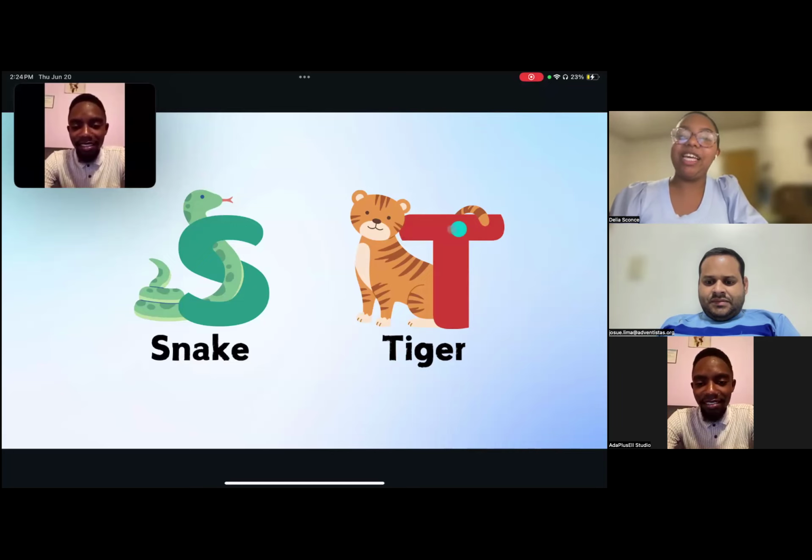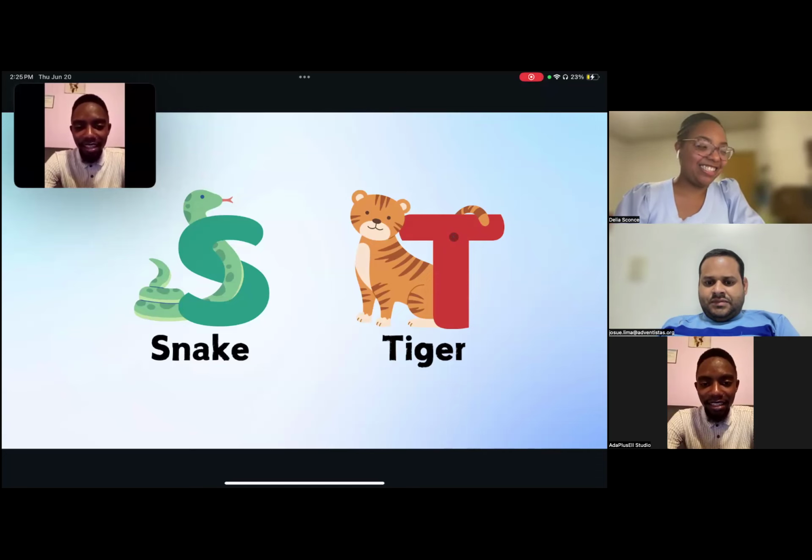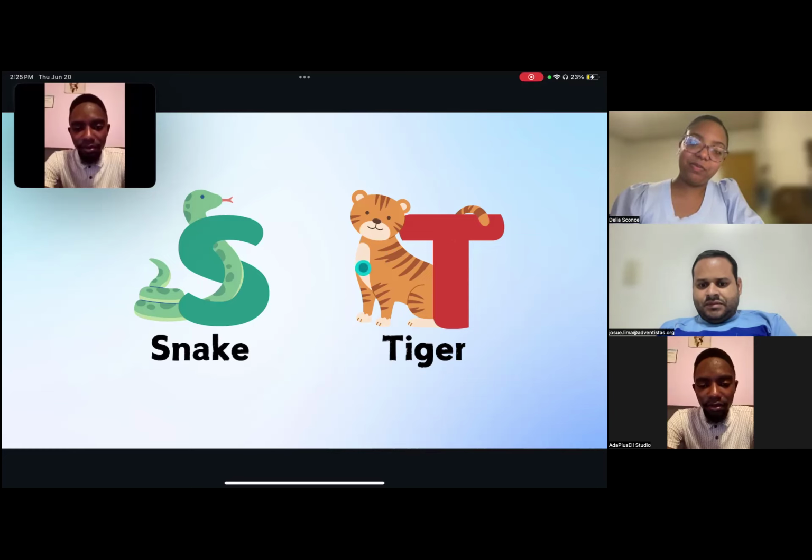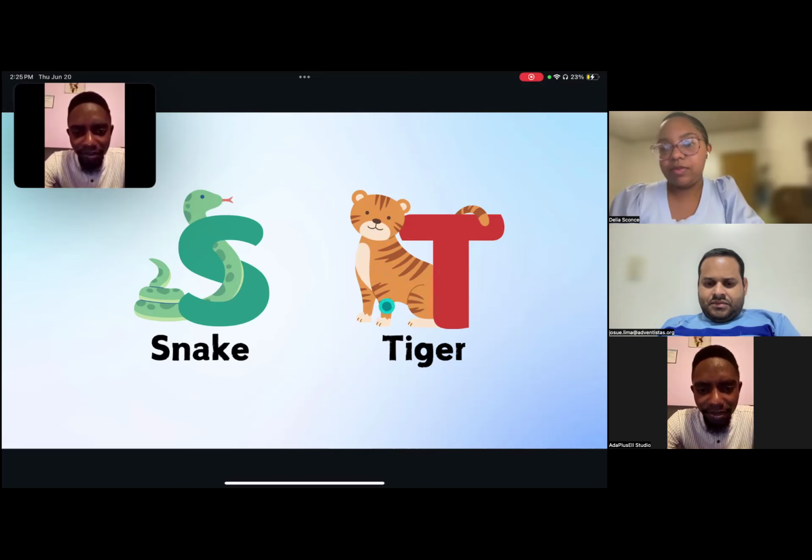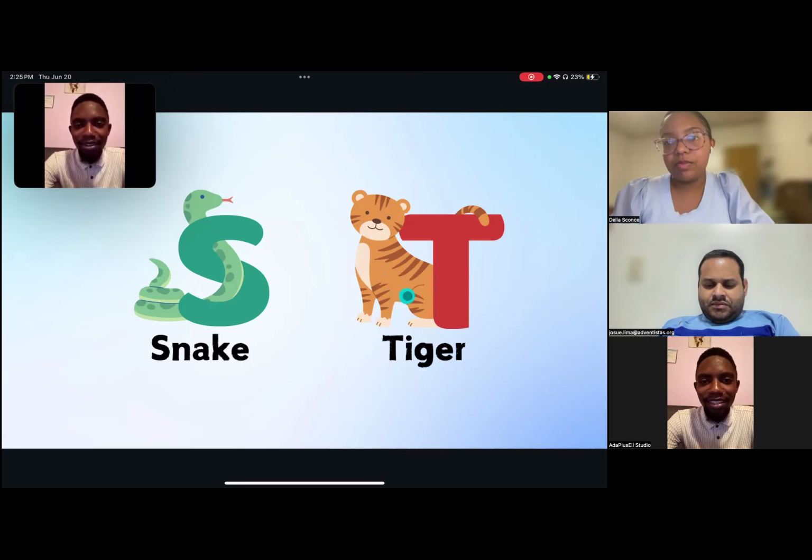All right, and here we have tiger. T, yes, T for tiger. I think we can see it has white, and then brown, and it always has some stripes. Most tigers have the stripes, the ones you're seeing, and they are brown, but dark brown.